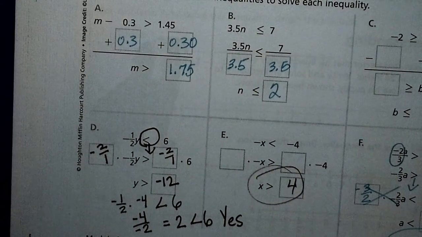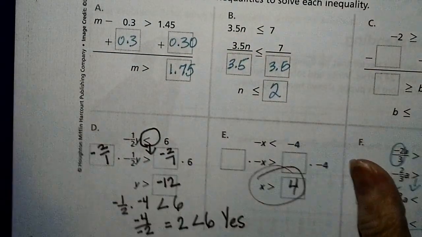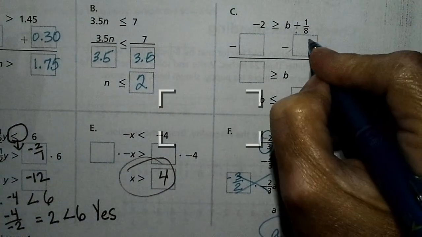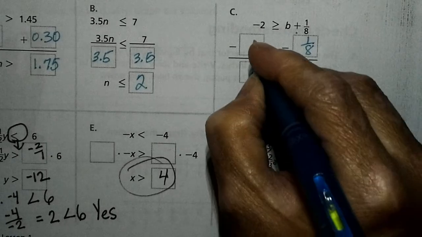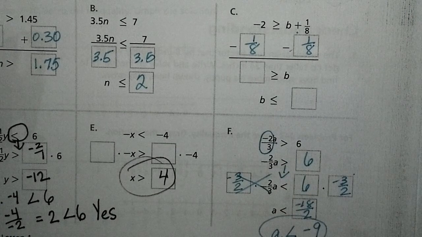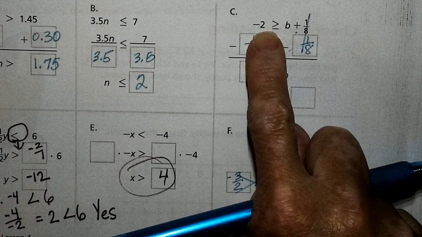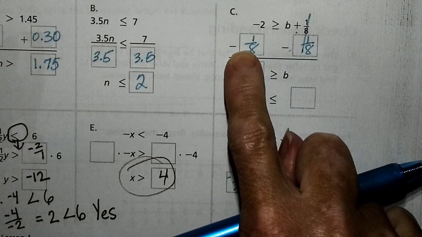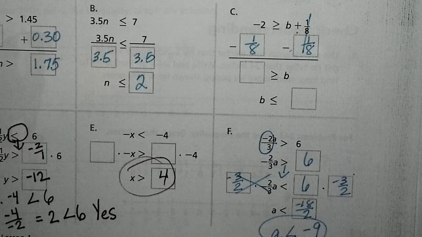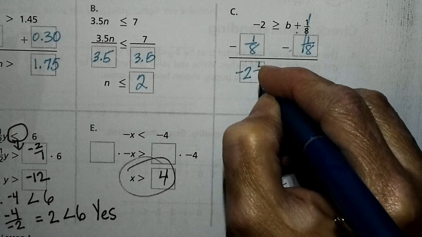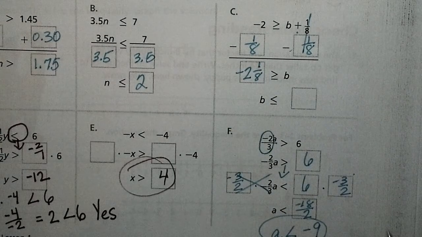All right, so on this one, it starts out addition. So the subtraction property of equality would be 1/8, 1/8. So hopefully you can see this would cancel. So we have a negative 2 and a negative 1/8. Since they're both negative, it would give me negative 2 and 1/8.